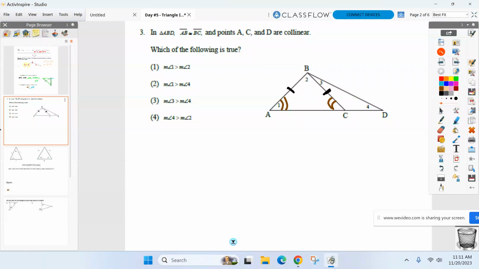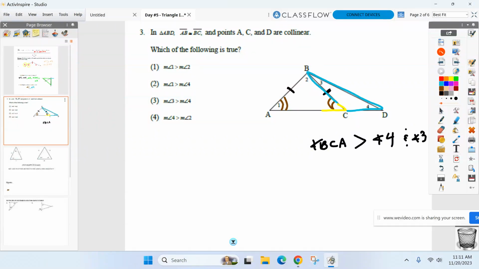Let's go to the board now. Let's start with angle BCA, everybody. You may not see it, but it is an exterior angle for triangle BCD. So that means BCA is bigger than angle 4, and it's also bigger than angle 3, right?